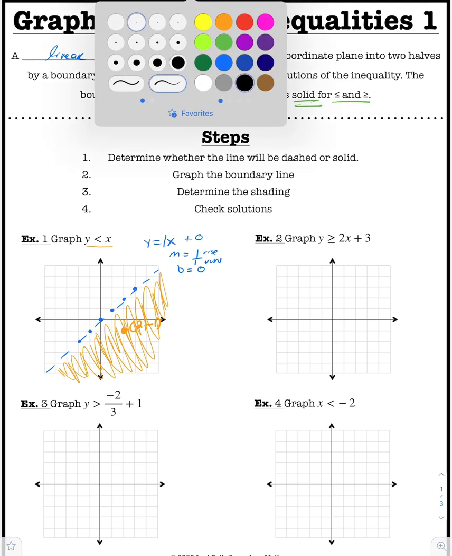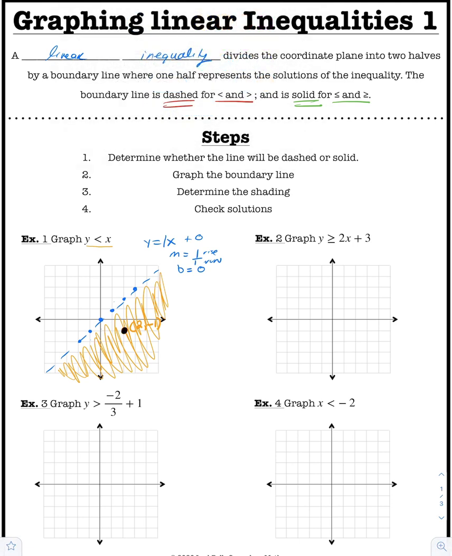I'm going to put this in a different color so it can stand out. Of course, our x value is 2 and our y value is -1, and we're going to plug it into this inequality. So -1 is less than 2.